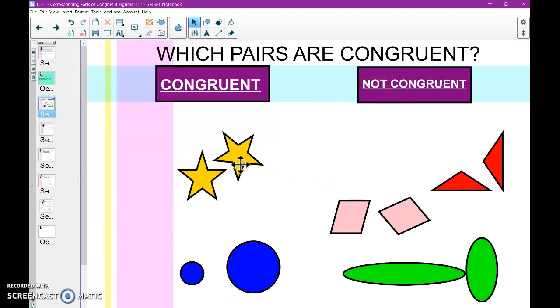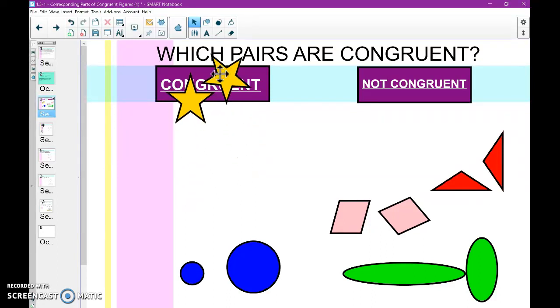If I look at these, one of them is rotated, but that doesn't mean they're not congruent. Think back to our transformations unit. We talked about translations, reflections, rotations. Those are all rigid movements. Even though it changes the way the figure is turned or flipped, it's still the same shape. So those are congruent even if they're not facing the exact same way.